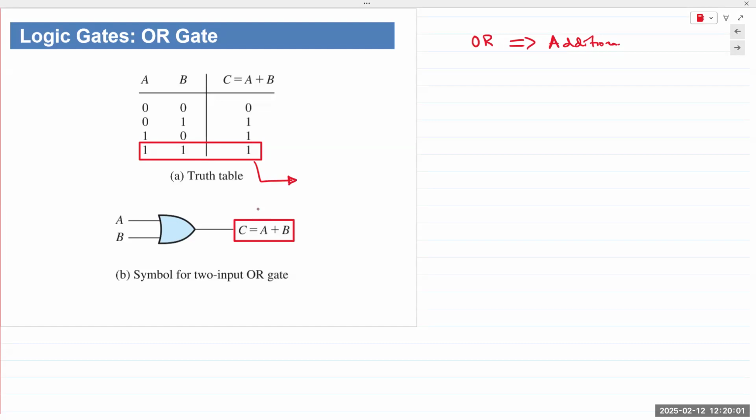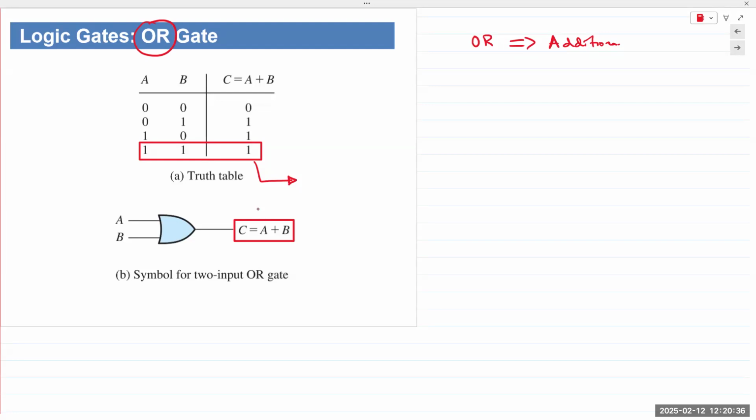In logic design, it simply means that the output of an OR gate would be high when even a single input goes high. So when either one of the inputs is high or logic 1, the output is 1. That is the definition of logic OR. Again, it's not a mathematical summation, it's a logical summation.